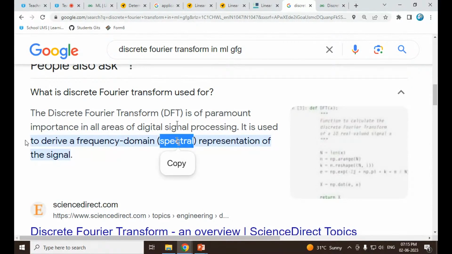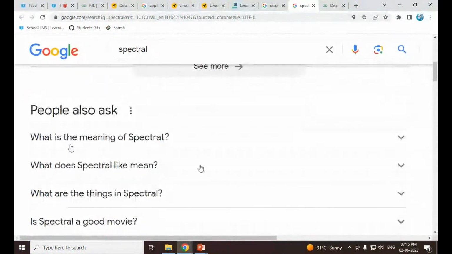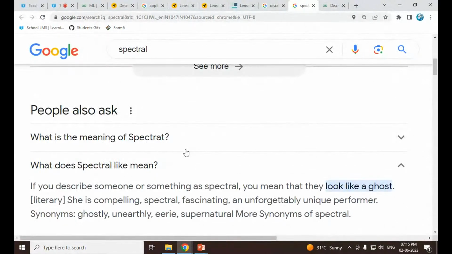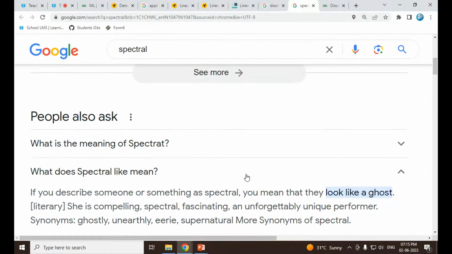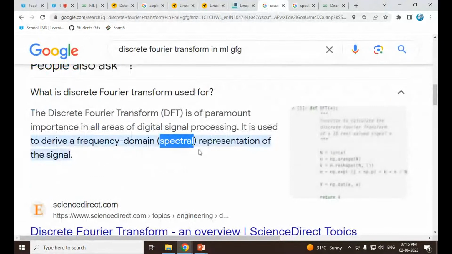I hope all of you understand what is spectral. Something as spectral, you mean that they look like ghosts. She's comparing a spectral to just representation or indicating something.